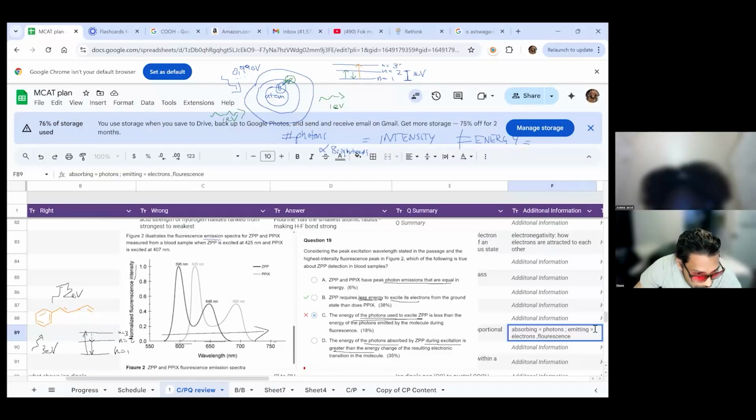So now if we look at this, they're saying that ZPP is excited at 425 nanometers and PPIX is excited at 407. Okay, that means that this one has a smaller wavelength, which means higher energy, right?